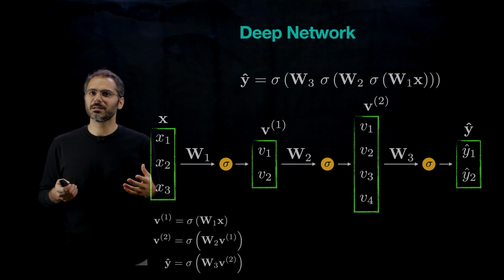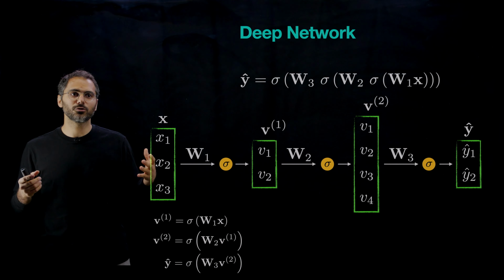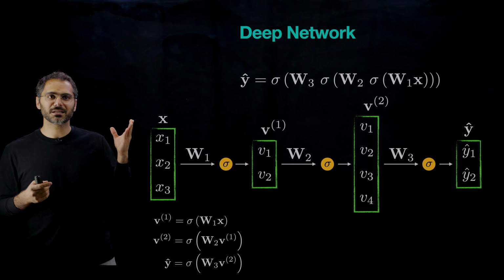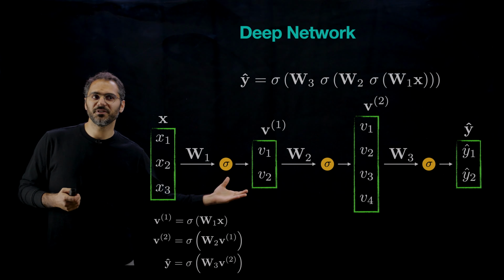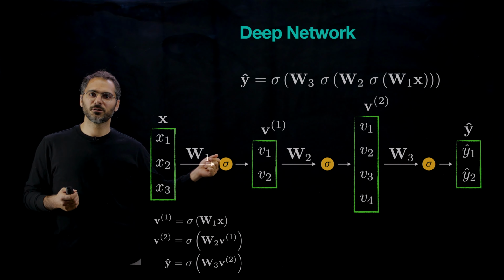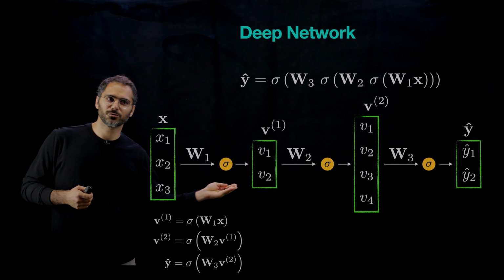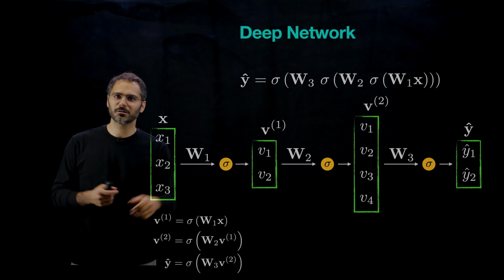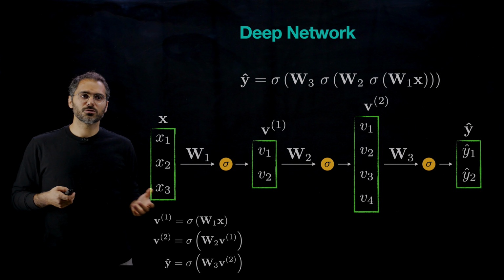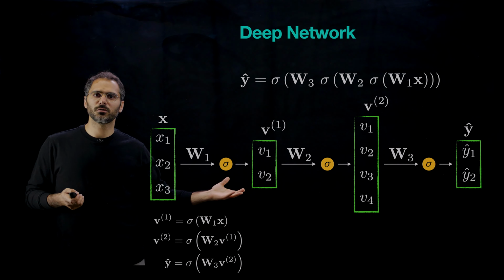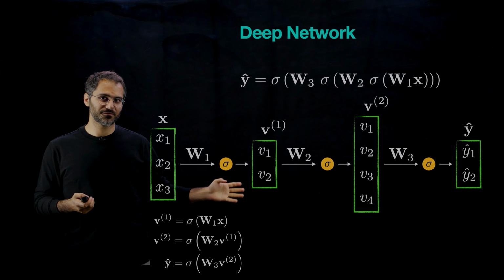Sometimes it comes from intuition, sometimes it depends on your problem, and you know, for example, that you want to take an input x and compress it to a lower dimension, so you choose v1 and v2 to be lower dimensional. Sometimes you want to project it onto a higher dimension, and therefore you choose v1 and v2 to be higher dimensional. When you start to experiment with neural networks, you start to have an intuition on how deep you want your network to be and what the dimensions of these hidden layers are.